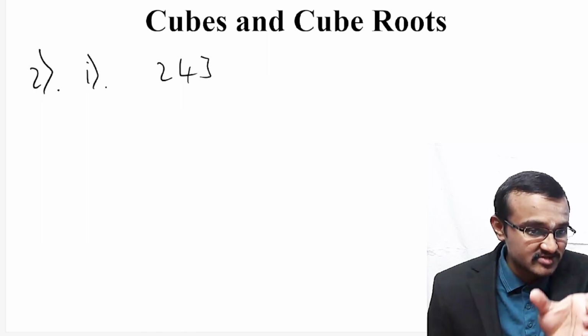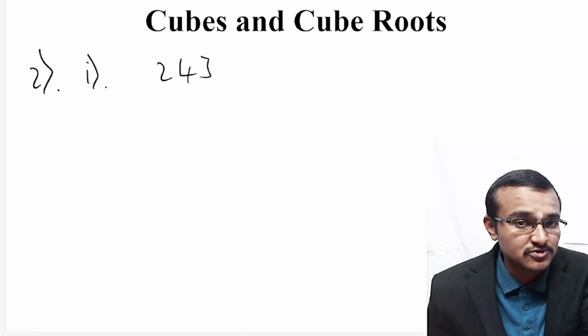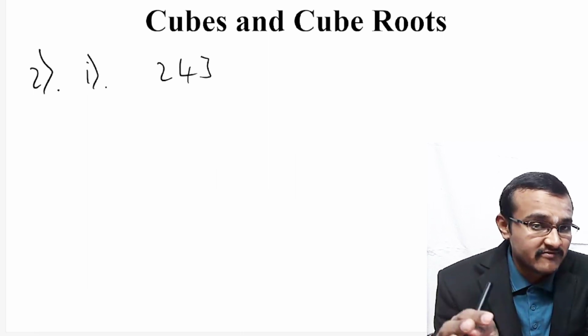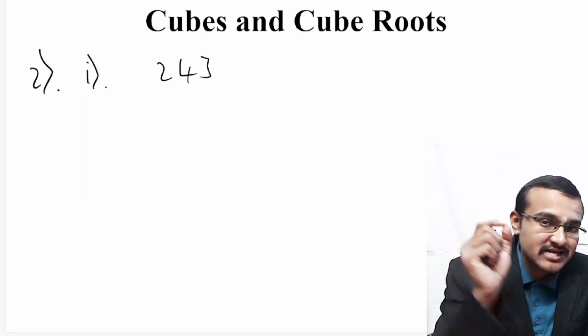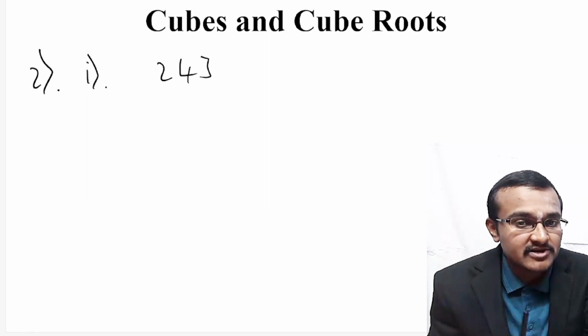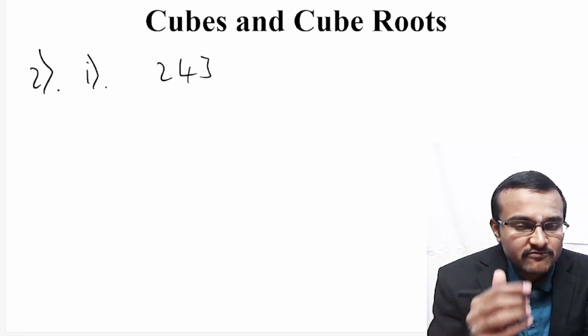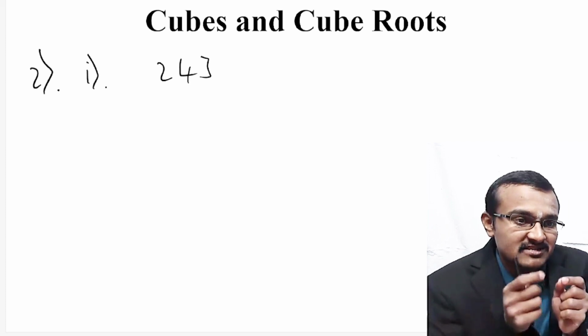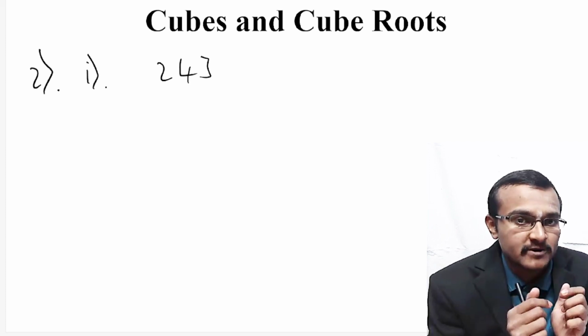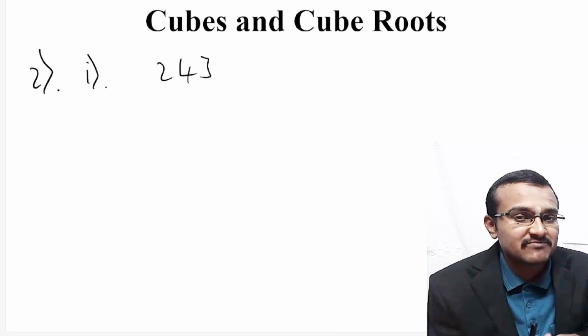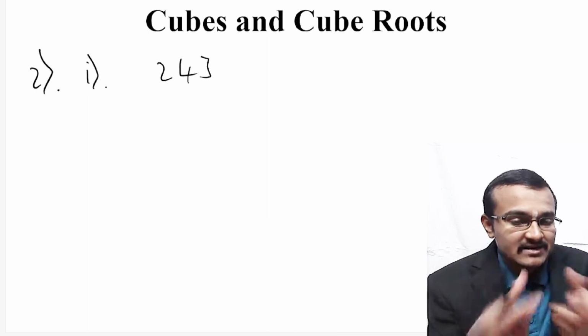That means the numbers given in this second question are not perfect cubes. So which number should you multiply to get a perfect cube? Here also you follow the prime factorization and see which number is short to make a group. That number you should multiply with 243 so that you get a perfect cube.